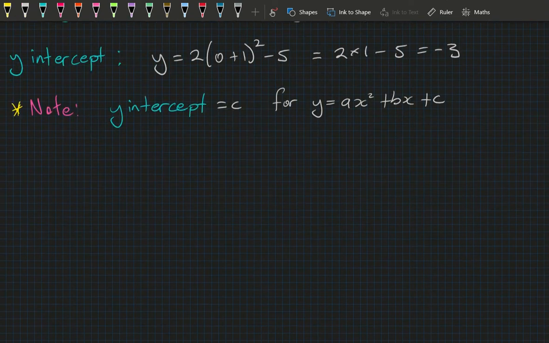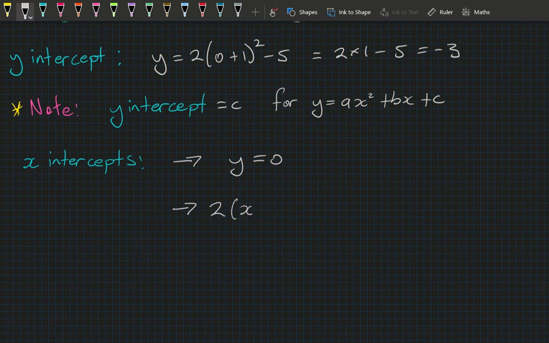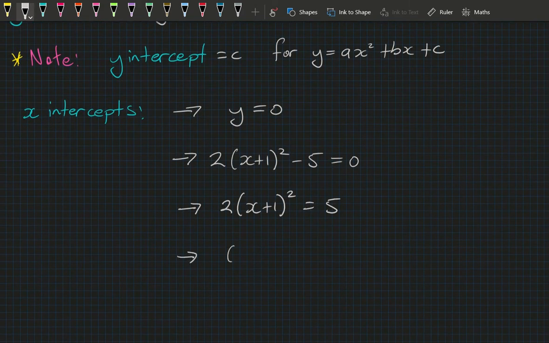Anyhow, as always, the x-intercepts are where y equals 0. So in relation to our example equation, that means that 2 times (x plus 1) all squared minus 5 equals 0. Then when I add 5 to both sides, I get my next step. And while we're solving for x, we're going to divide both sides by 2.